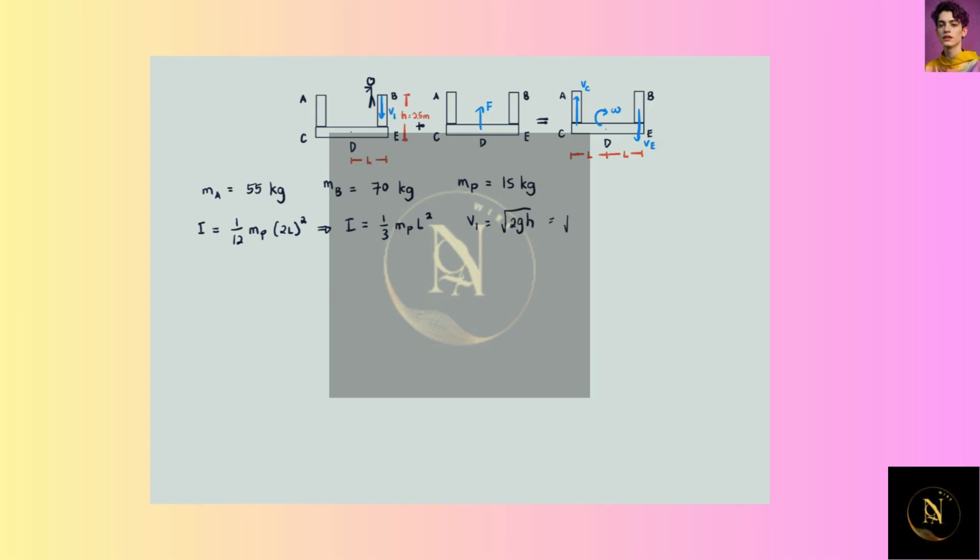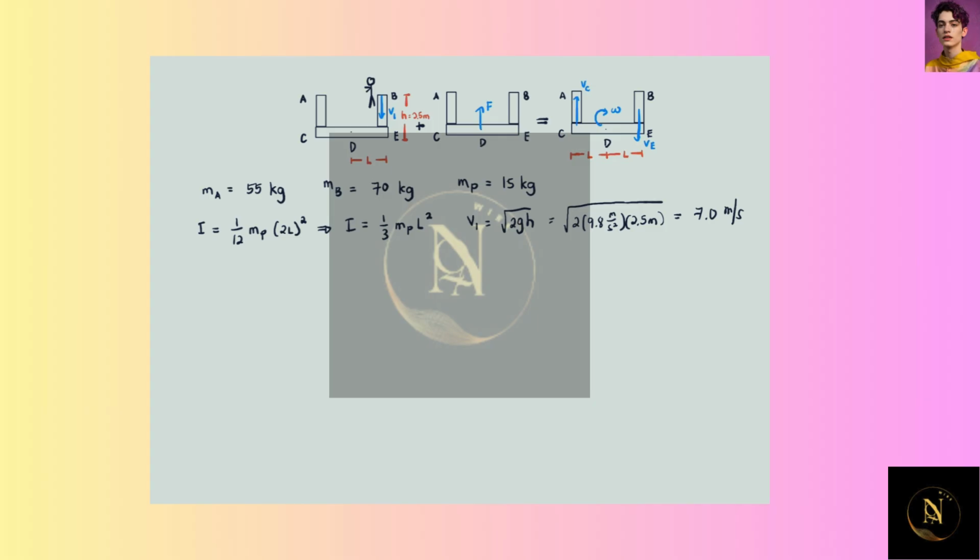So that would be 2 times 9.8 meters per second squared times h, which is 2.5 meters. So this is equal to 7 meters per second.